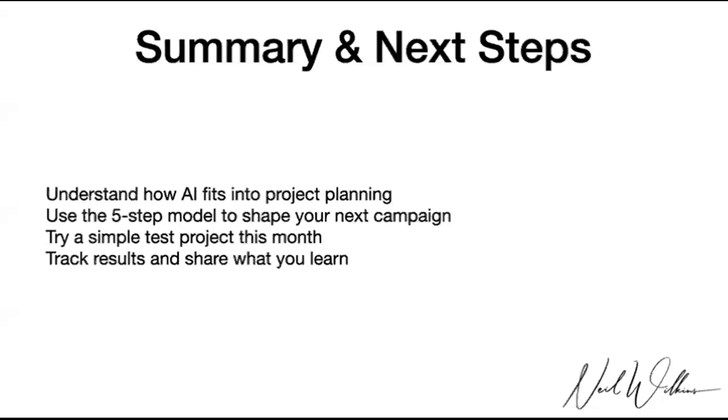Even if you have a campaign process, maybe just for once, use this as a project structure and see how it feels, see how that makes a difference or otherwise. You might decide to go back to your existing process. I'm not here to say it's wrong, it's broken, but this is a proven process for getting AI embedded. So maybe have a little exploration. That's why I'm saying test a simple test project this month and start small.